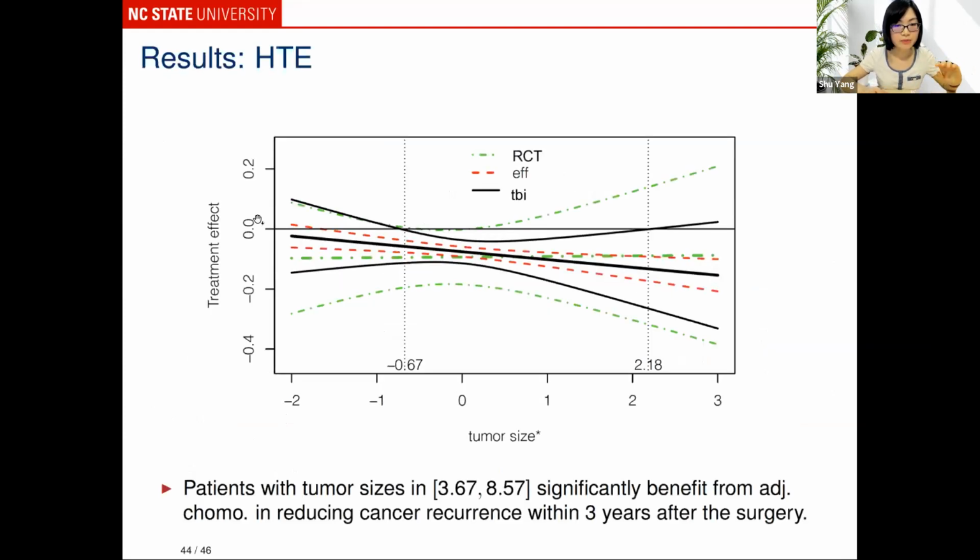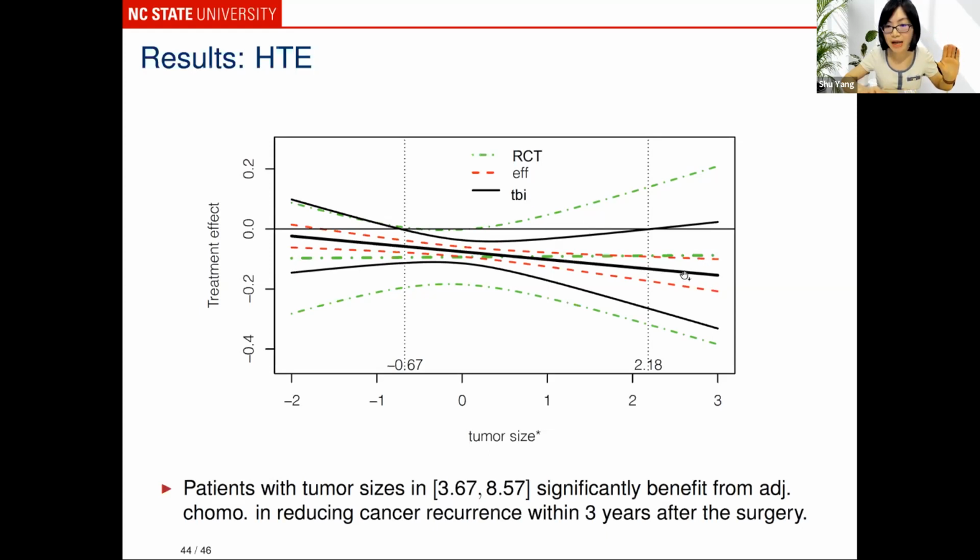And we have a plot showing the HTE across tumor size. We have the RCT, efficient, and TBI estimators. In blue is the RCT analysis, and we can see the confidence band is very wide, right, due to the limited sample size. The efficient estimator is in red. You can see the band is very narrow, but it does not test the compatibility of the RWD. Our TBI estimator is in black.